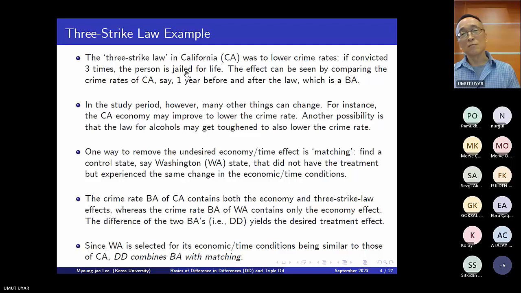So one way to assess the effects of this three-strike law would be comparing the crime rates of California, say, 1 year before and 1 year after the law. If we do that, we are just looking at before and after.